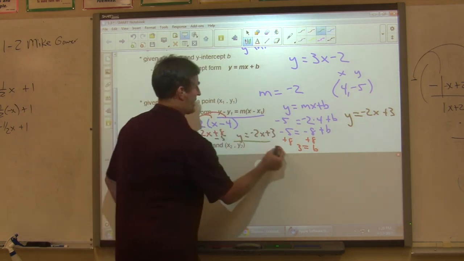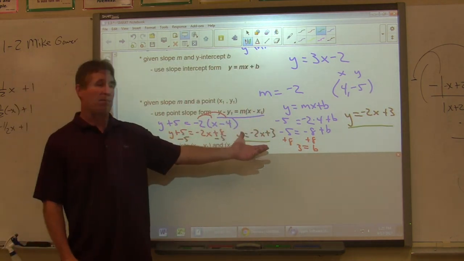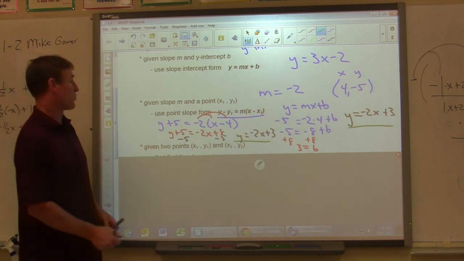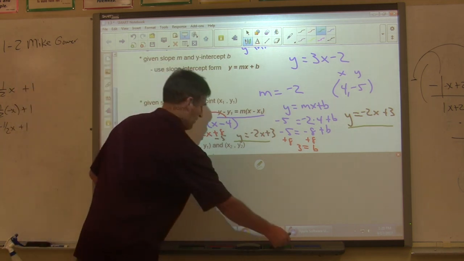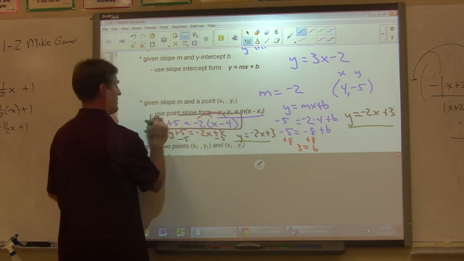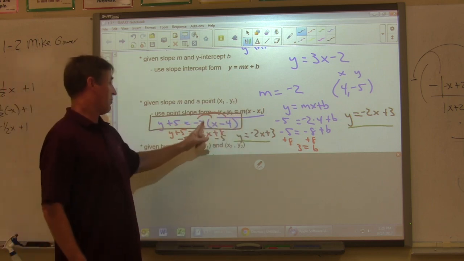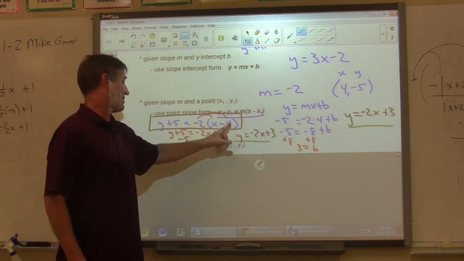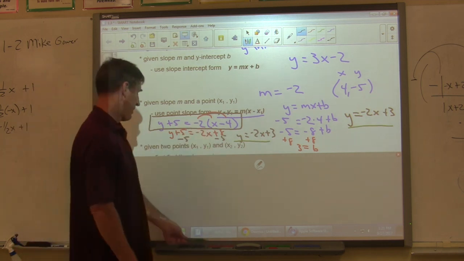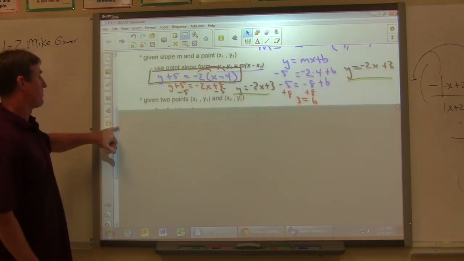So you can see we got the same answer both ways. It's just nice for graphing purposes to have it in slope-intercept form, but when they just ask you to write an equation, it's really easy just to put your final answer in this form, and there's really no work to do. You just plug in the values for the slope and the point for x and the point for y, and you're done. Either way works, so it's up to you.